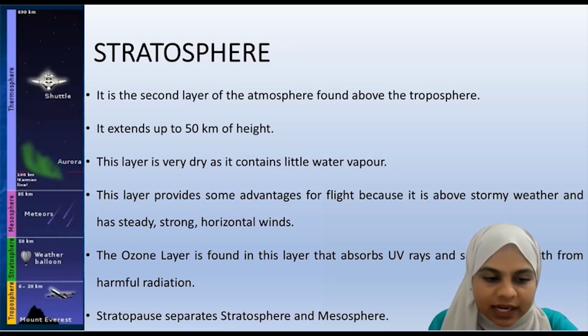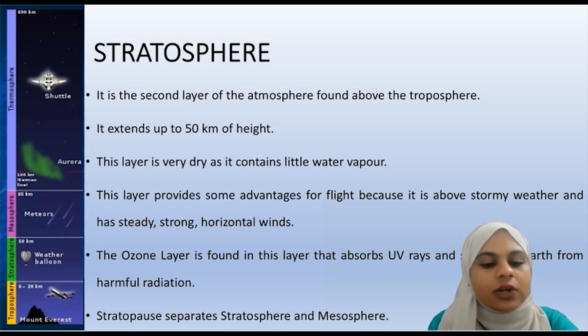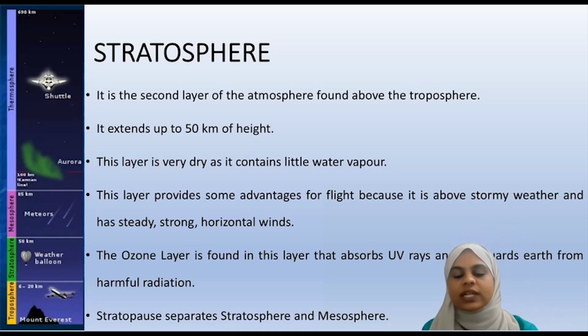Stormy weather actually ends at the tropopause. The ozone layer is found in this layer; it absorbs UV rays and safeguards Earth from harmful radiation. There is the stratopause, which separates the stratosphere and the mesosphere.